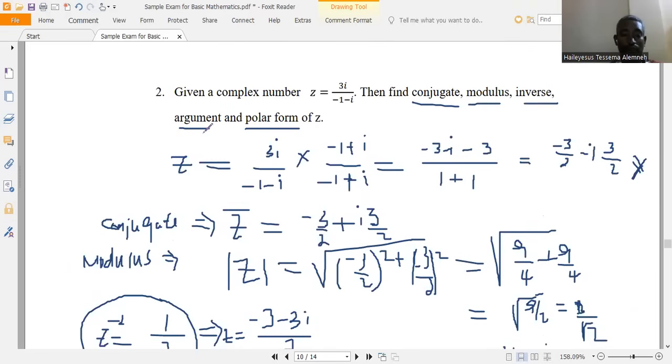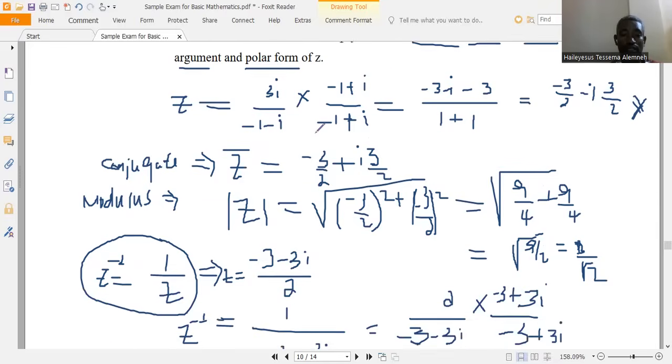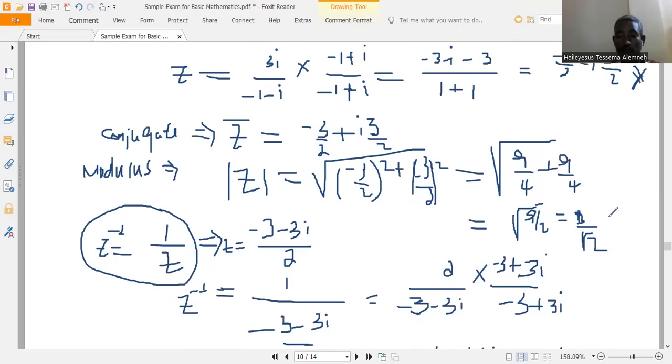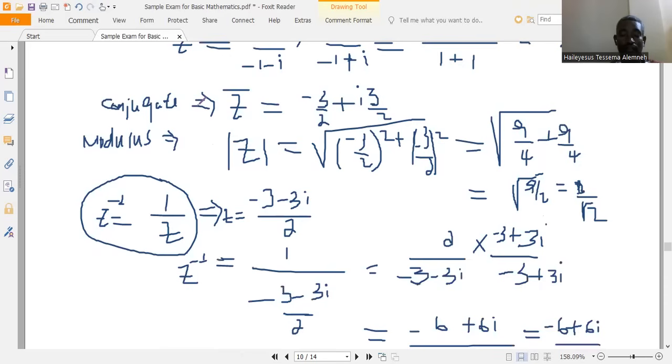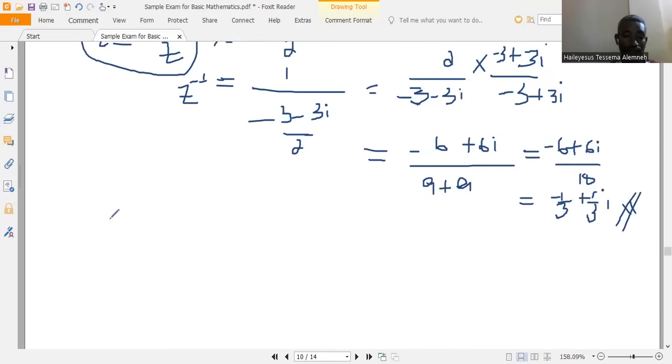We have obtained the modulus, and now the argument of z. The argument of z is the angle theta formed by the complex number with the positive x-axis.